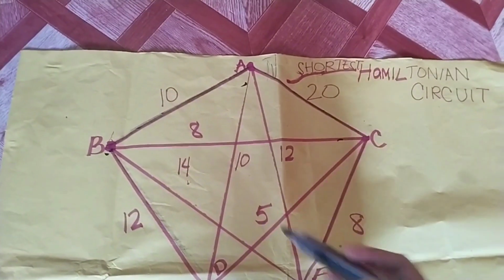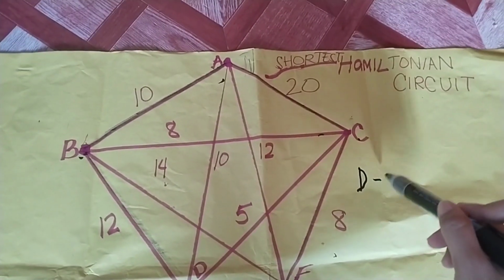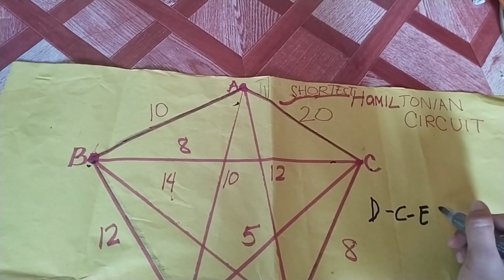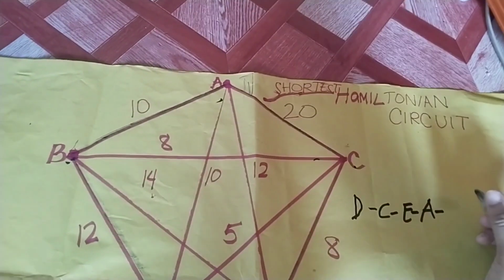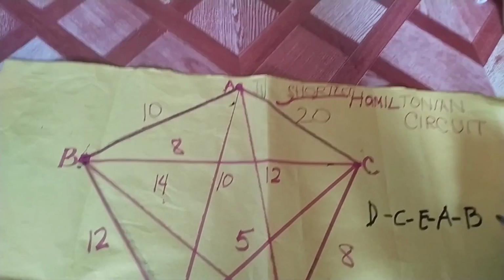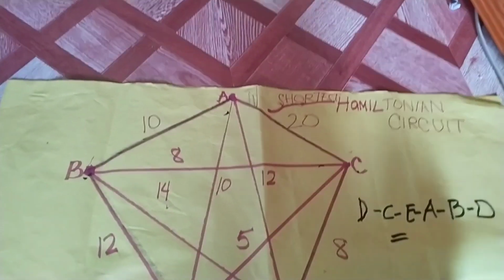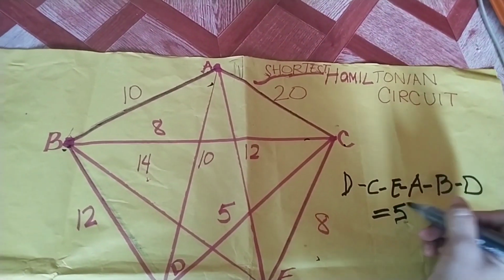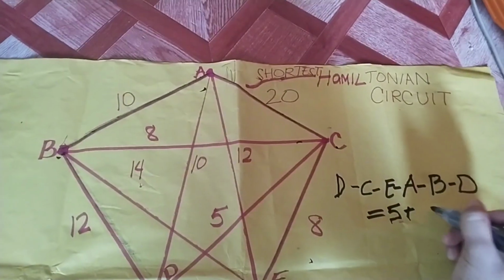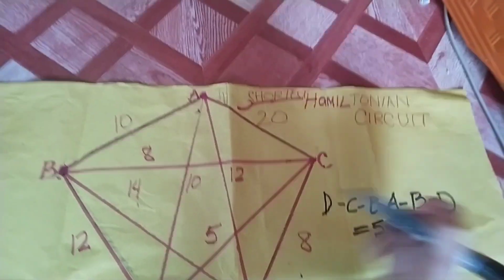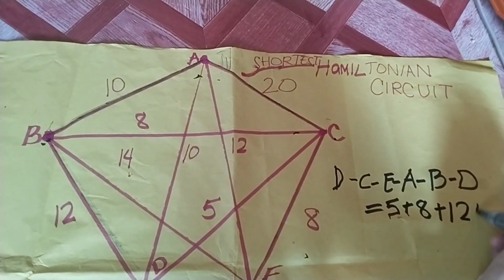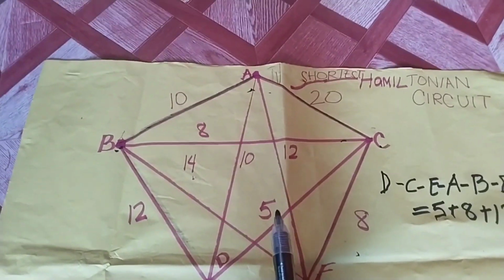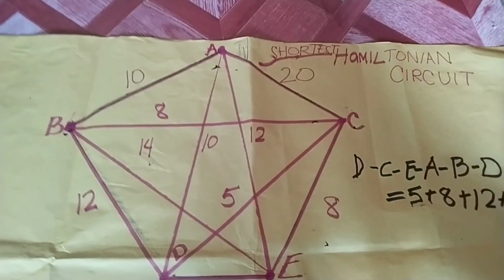We have here D to C, C to E, E to A, A to B, and B to D. We will find the value: D to C is equal to 5, plus E 8, plus A, we have 12, plus B, then plus D, 12.